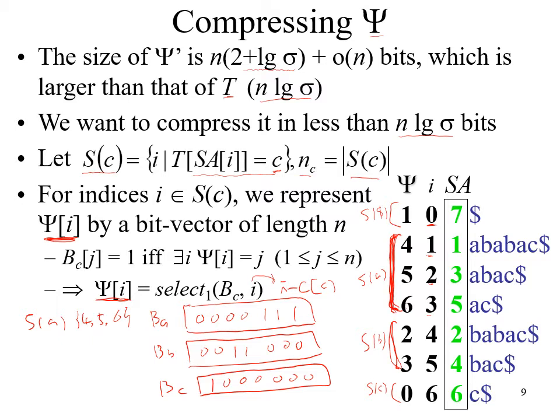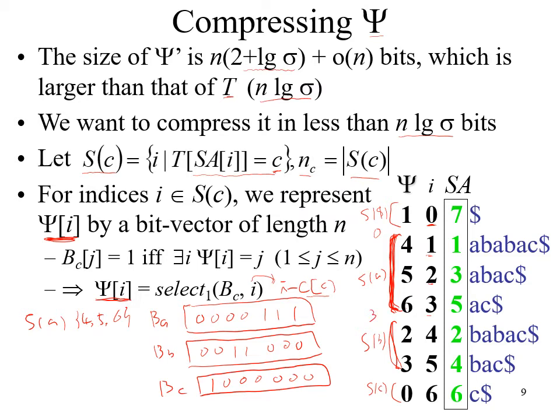So if the character is A, then this value is 0. And if the character is B, then C of B is 3. Okay?